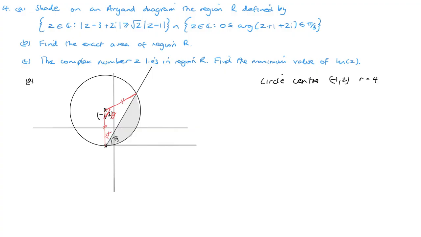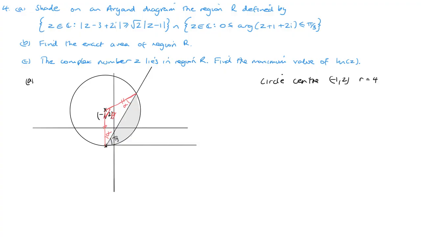So if I call this alpha, this is also alpha. And this at the bottom here is going to make a 90-degree angle with the radius because it just touches it in one place. This is horizontal and that's in line with the centre.